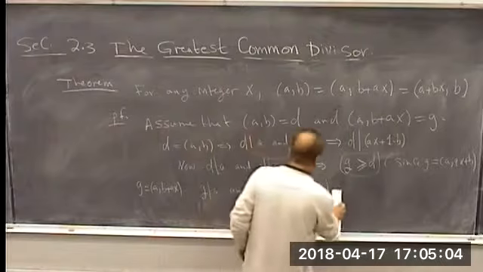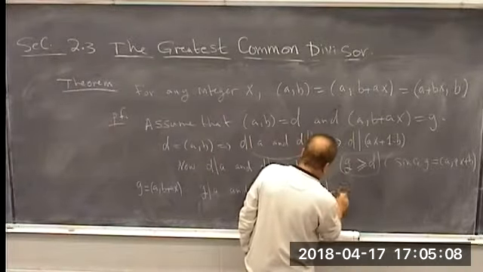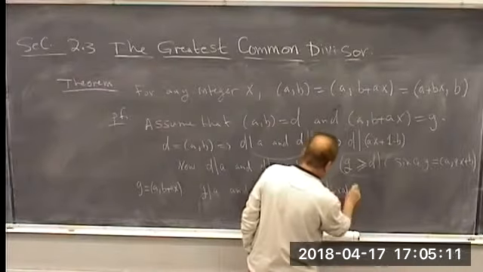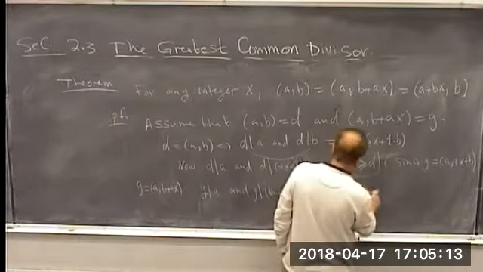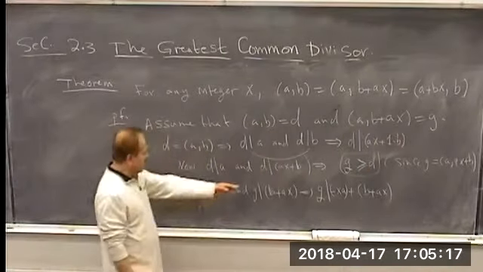Okay, so we're going to take the combination negative X times A plus 1 times B plus AX.